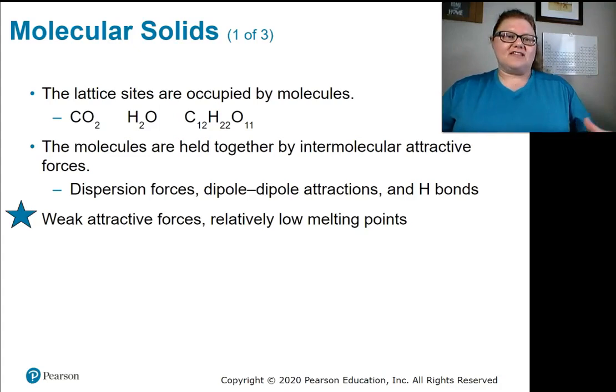So molecular solids have the weakest attractive force. If the forces are weak, it doesn't take much energy to break them. And if it doesn't take much energy to break them, we can melt them with just a little bit of heat. So we see weak attractive forces resulting in a low melting point temperature for these substances.